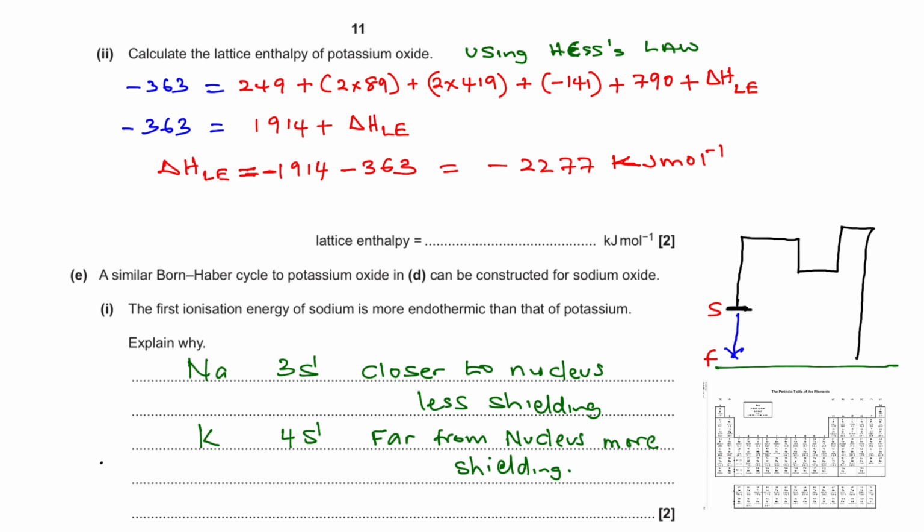So that means that sodium is closer to the nucleus. So removing the electron for the first ionization energy will take more because it's closer to the nucleus, but potassium is further away in the fourth shell. This is the third shell. This is in the fourth shell and it's far from the nucleus, so it will be less.